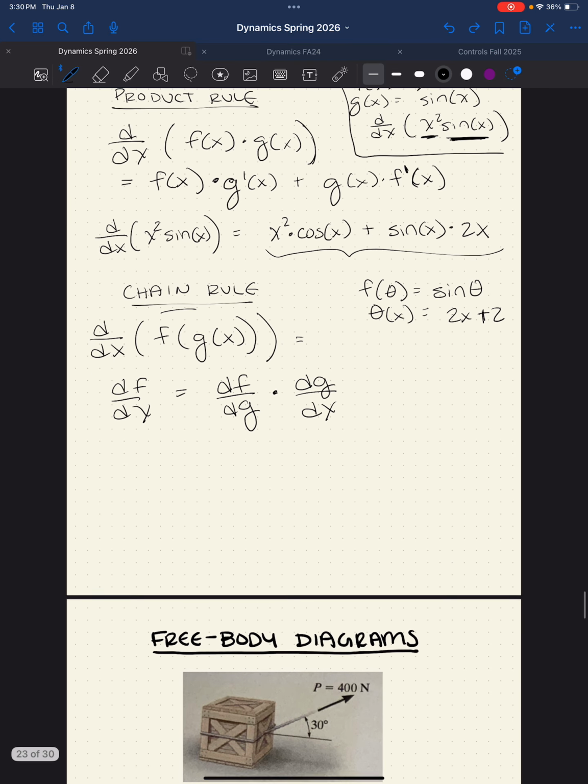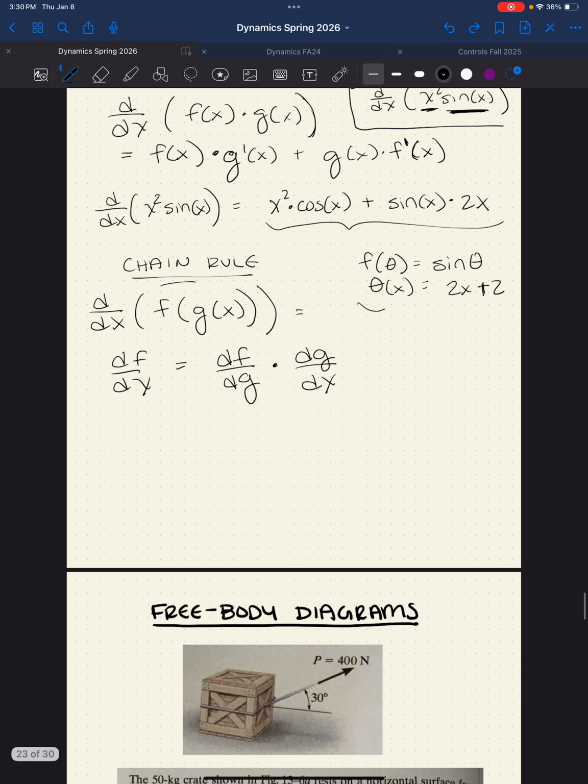So the way that I actually execute that for our example here is that if I wanted to find df dx, or I wanted to take the derivative of f with respect to x, meaning I want to take d dx of sine of theta, it means that I need to find df dg first.